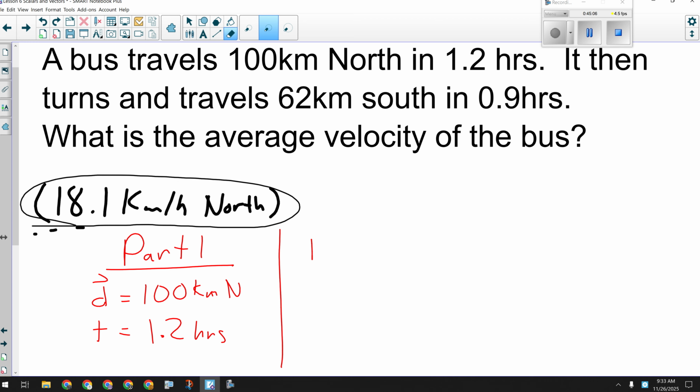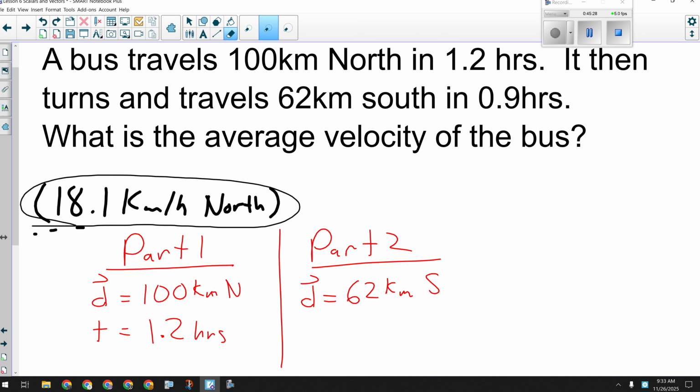Then it says the bus turns around and goes south. And in the south part, it goes 62 kilometers. So again, another displacement, 62 kilometers south. And this takes 0.9 hours.